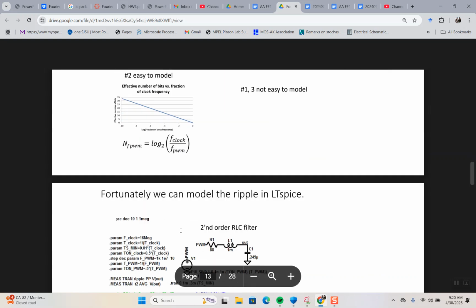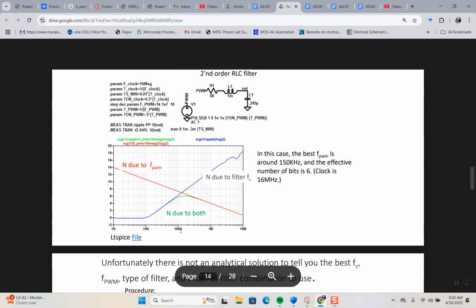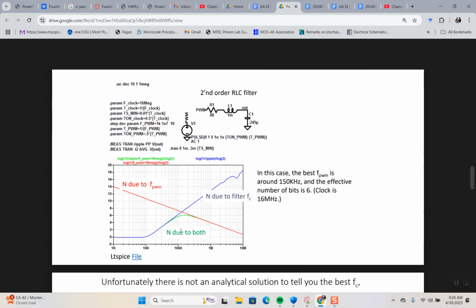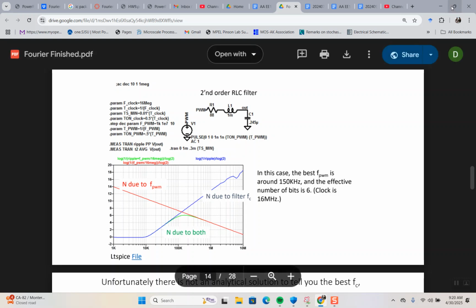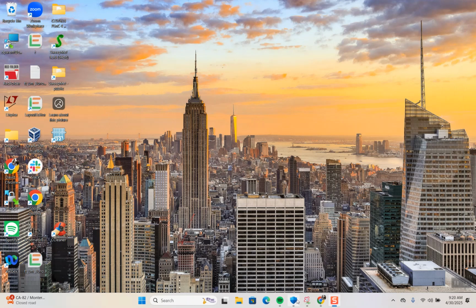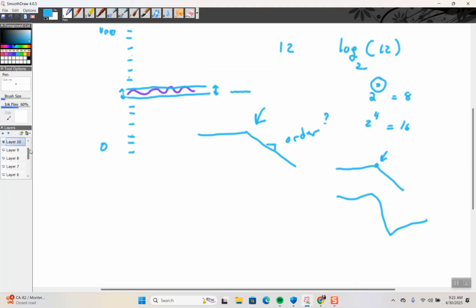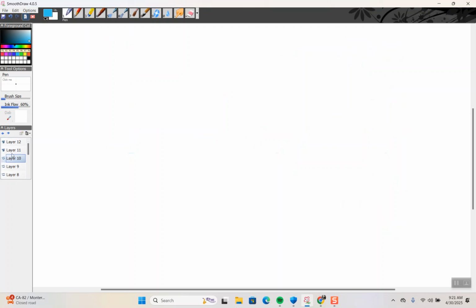This is more. So there's a trade-off. And this is more the project, okay, is that this is the frequency of the pulse as we go back and forth, right?